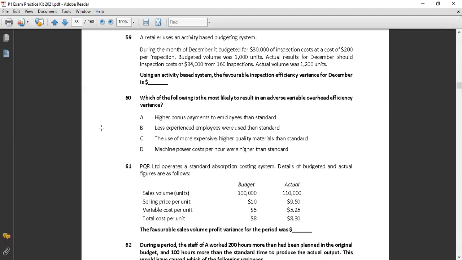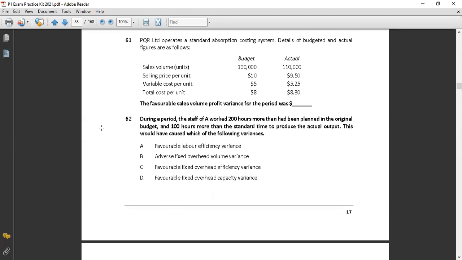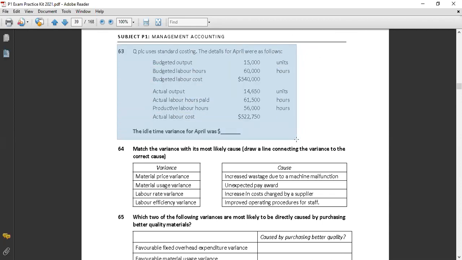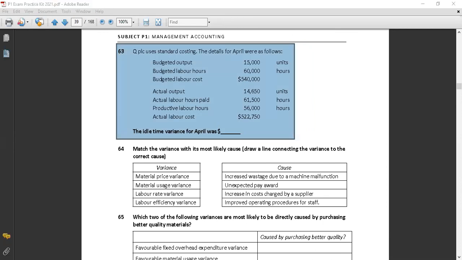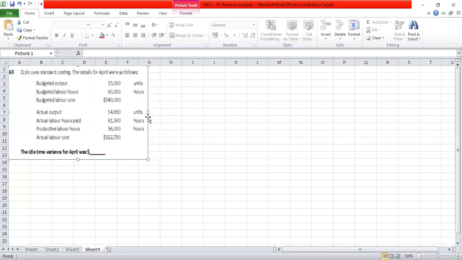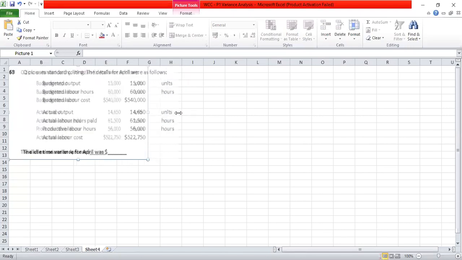The next question is 63, and we'll put this in the Excel file. Sixty-three talks about idle time variance. Idle time variance is a simple concept.